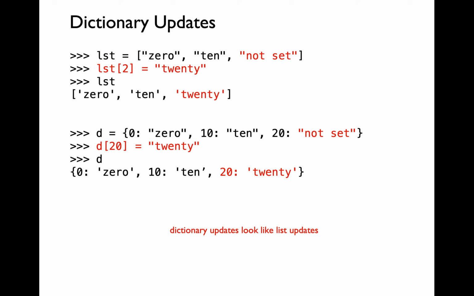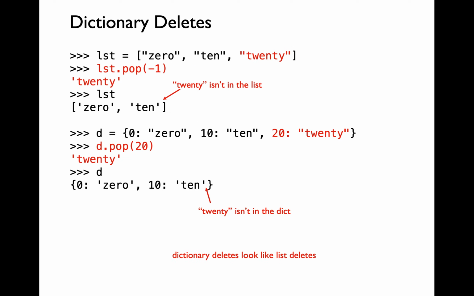If we want to update the value associated with the key 20, we can simply do that by saying d of 20 equal to the new value, which is going to be the string 20 here. Similar to how you use indexing to make updates within a list, you're going to use lookup to make updates within the dictionary.